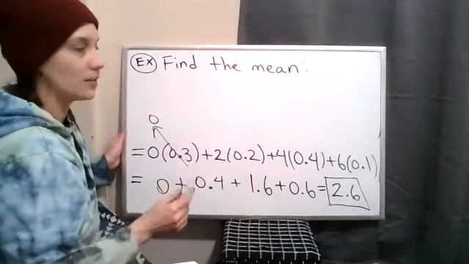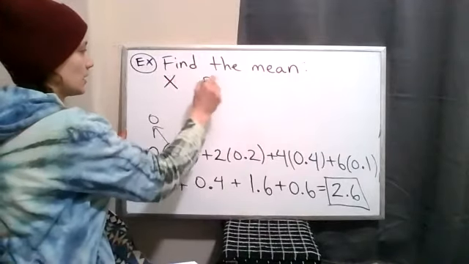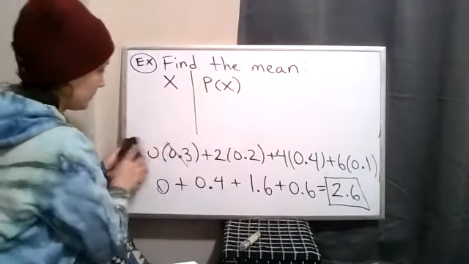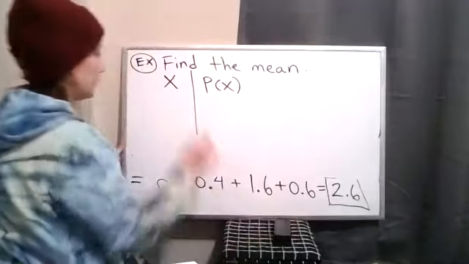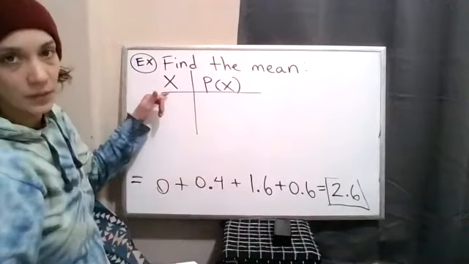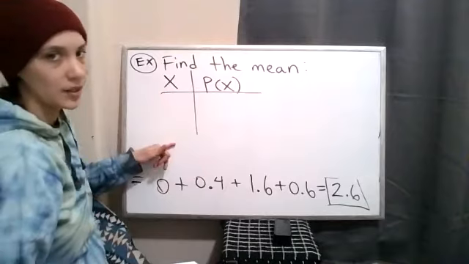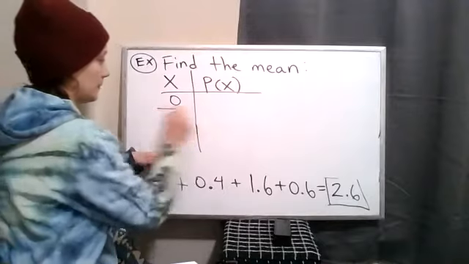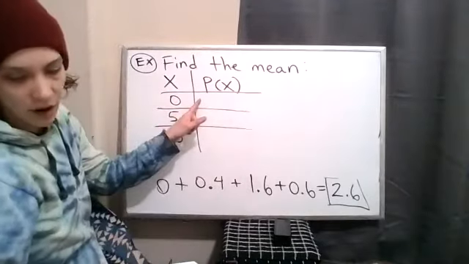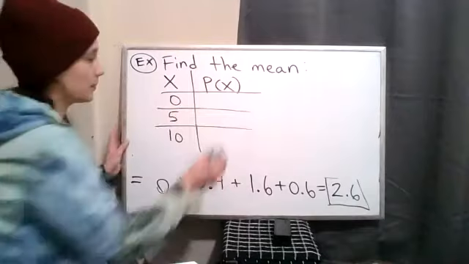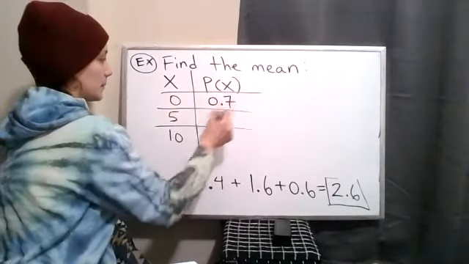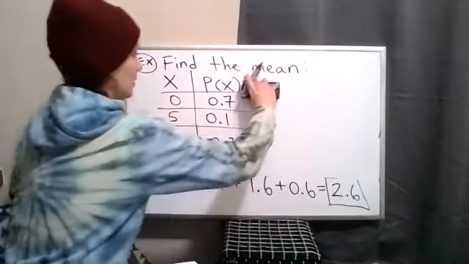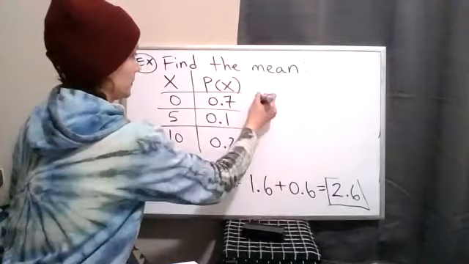So the table is going to have x and p of x. We're going to put 0, 5, 10 for x. Probabilities are 0.7, 0.1, 0.2.